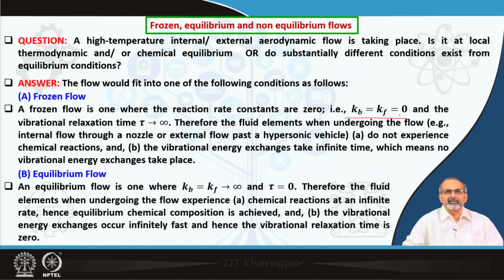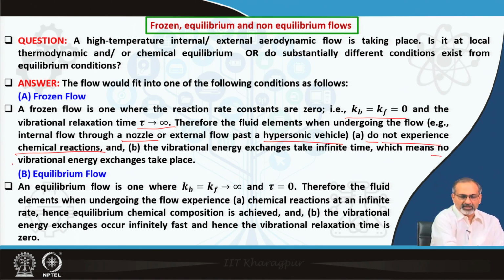The vibrational relaxation time tends to infinity, and therefore, when we are talking about fluid elements or particles undergoing such a flow, for example, internal flow through a nozzle or external flow past a hypersonic vehicle, they would not experience any chemical reactions, and the vibrational energy exchanges take infinite time, which means no vibrational energy exchanges take place.